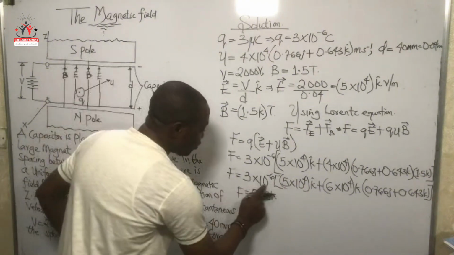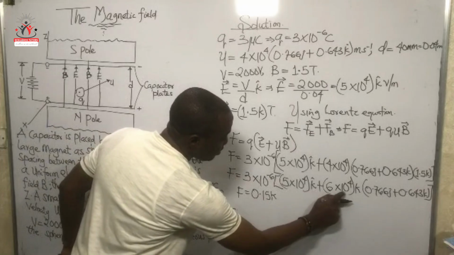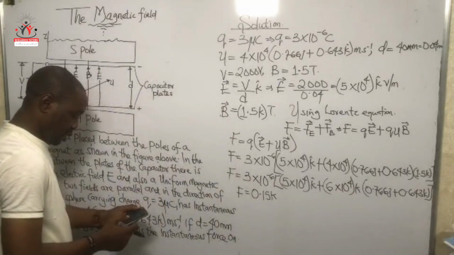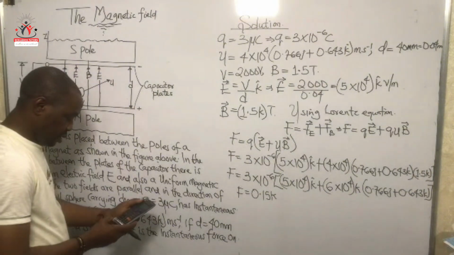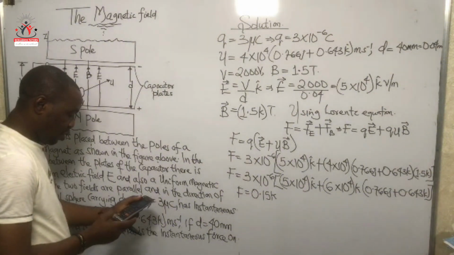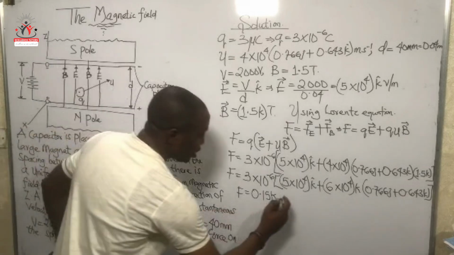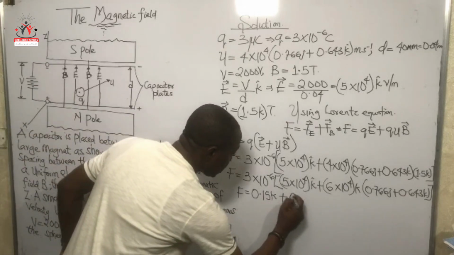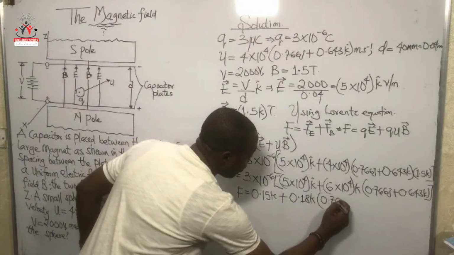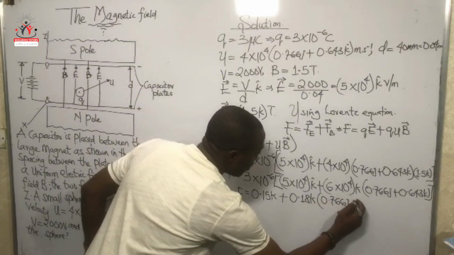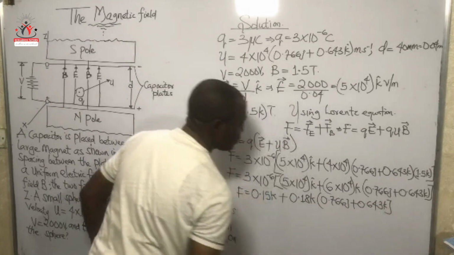Then let's multiply 3 times 10 raised to the power of minus 6 by 6 times 10 raised to the power of 4 K. 60,000 multiplied by 3 times 10 raised to the power of minus 6 is 0.18. So we then have plus 0.18K into 0.766J plus 0.643K.